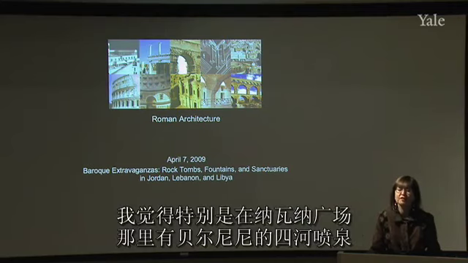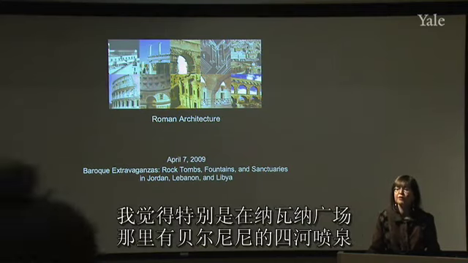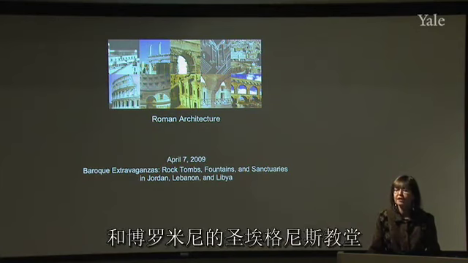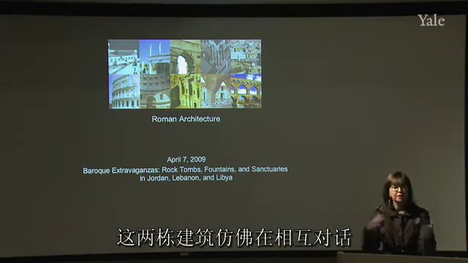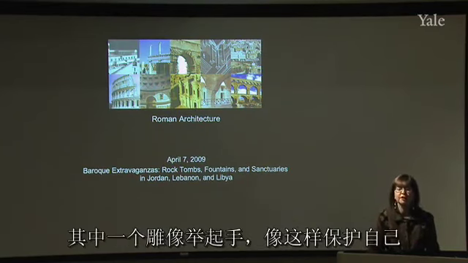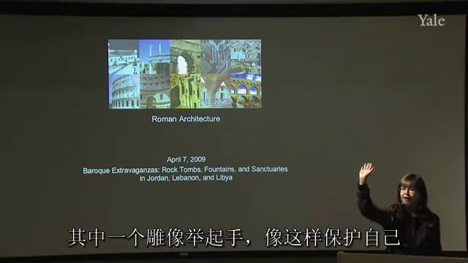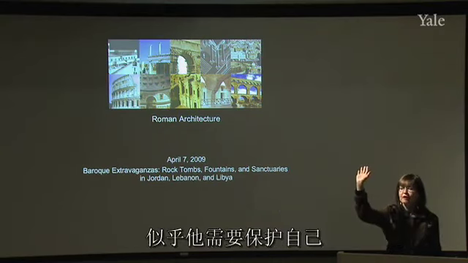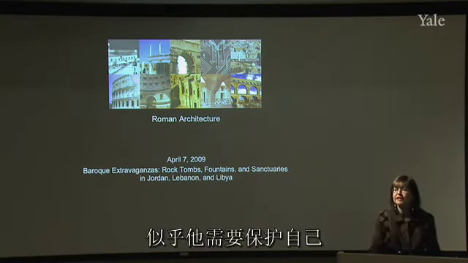I think in particular of the Piazza Navona, where we have Bernini's Four Rivers fountain and Borromini's Church of San Agnese in Agone, and the way in which they were set up to speak to one another. I'm sure many of you know the Four Rivers fountain, where one of the rivers has his hand up like this to protect himself. The implication is that he needs to protect himself.